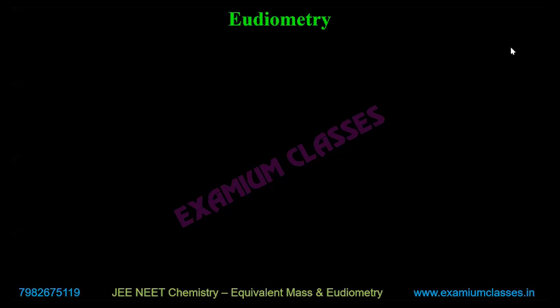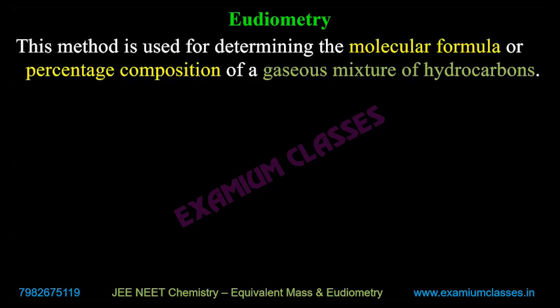So the combustion takes place in the eudiometric tube, okay, based on this reaction. And there are a few points we are going to talk about. So eudiometry, this method, is used for determining the molecular formula or the percentage composition. It is the same thing.